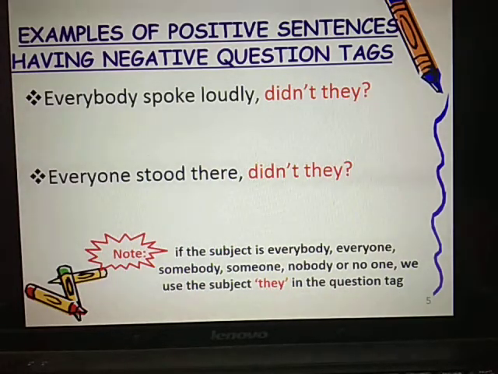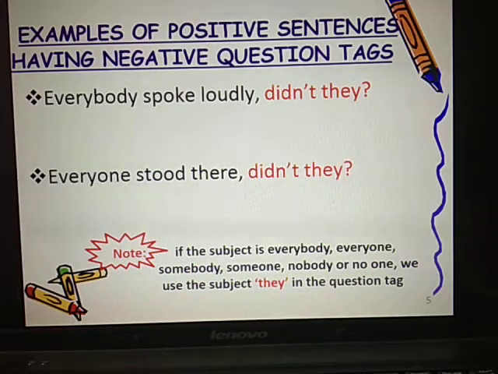Now why have we used they? Because everybody is a plural form of pronoun. Again, everyone stood there, didn't they? So did not they. Now we have a positive statement, everyone stood there, so we have used a negative question tag. How negative?